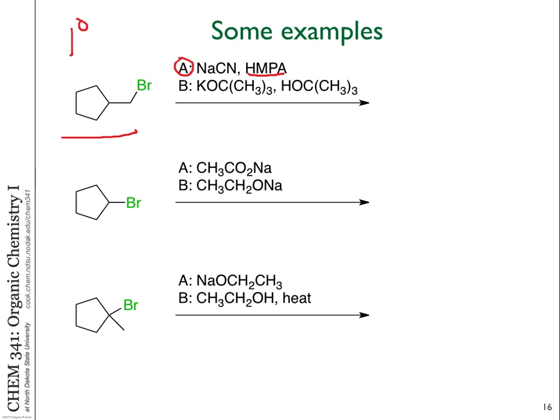What reaction mechanism? Come on. SN2, right? That's going to be an SN2 reaction, so the product will be substitution of the bromine with the cyanide. The product of A. Cyanide is not a very good base. It's a much better nucleophile.